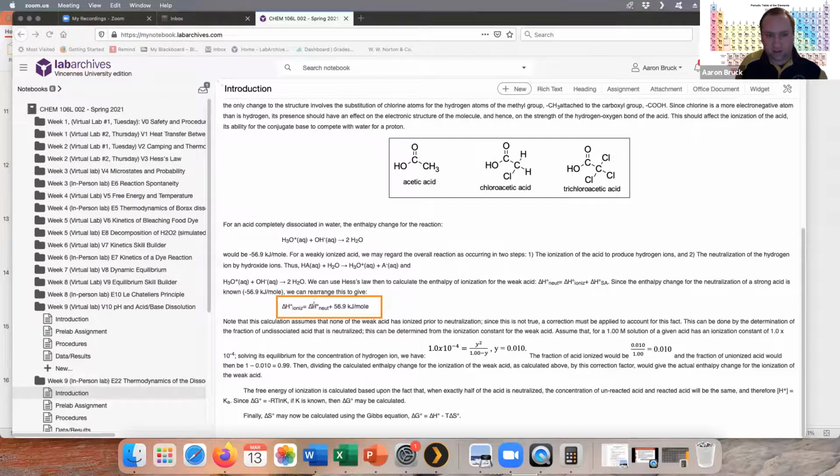So if we know the neutralization, we add 56.9 kilojoules per mole to that. And then for number 5, using our percent unionized, we divide the enthalpy of ionization by that fraction to get the last value that we're looking for.